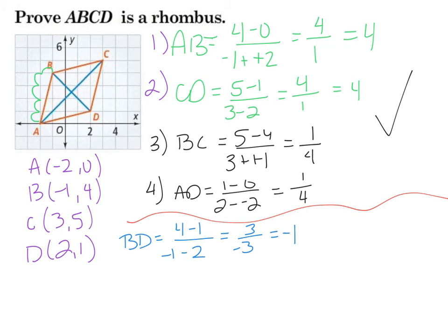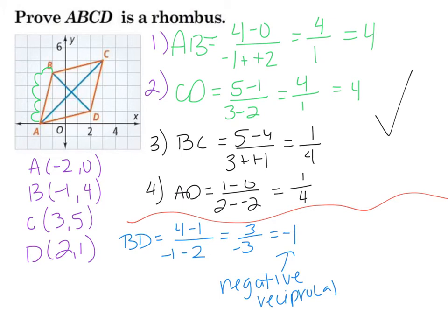So in order for this to be a rhombus, the slope of CA must be the negative reciprocal. So that means the slope of CA needs to be positive 1.